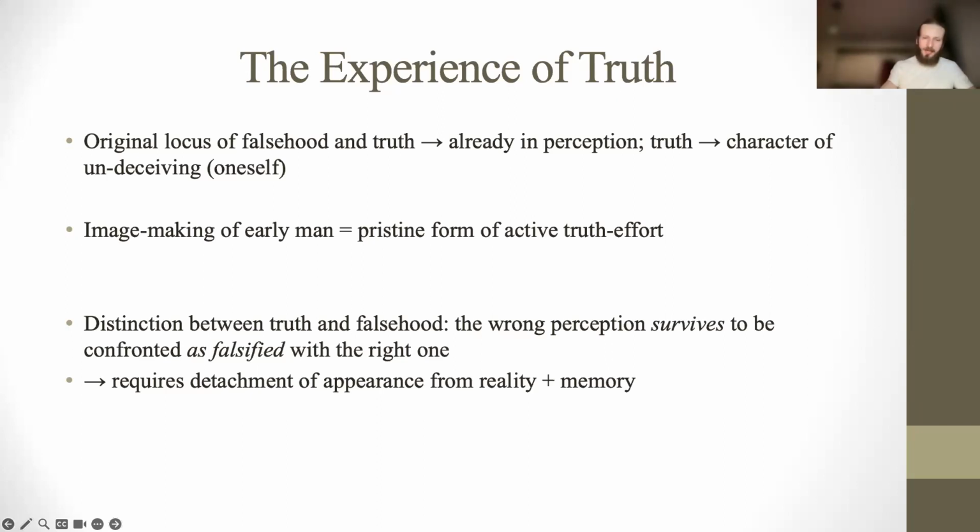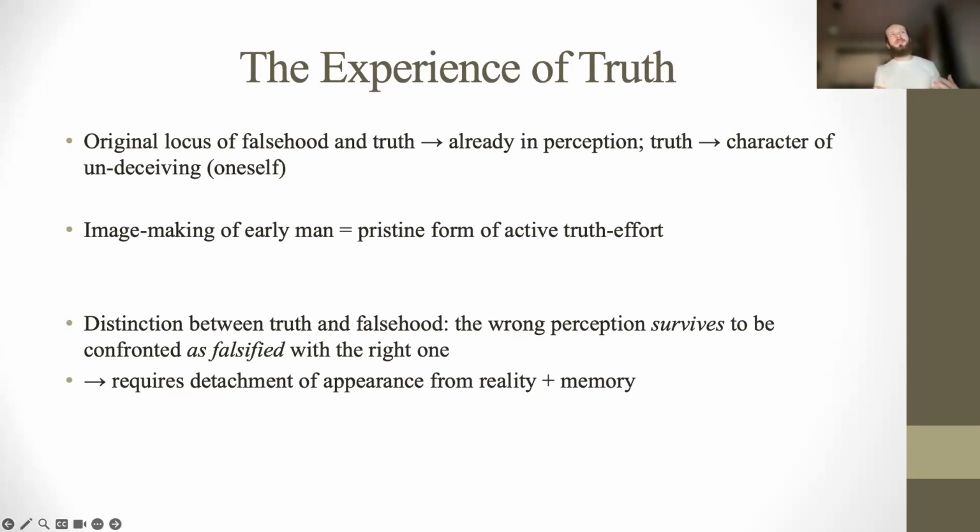So what does this mean? In man, if we see something as false, that does not mean that we have simply rectified an error, which animals are perfectly capable of, but rather we can still keep the false perception, we can still keep the illusion, and confront it with the actual perception, with the correct perception, and see it as falsified.